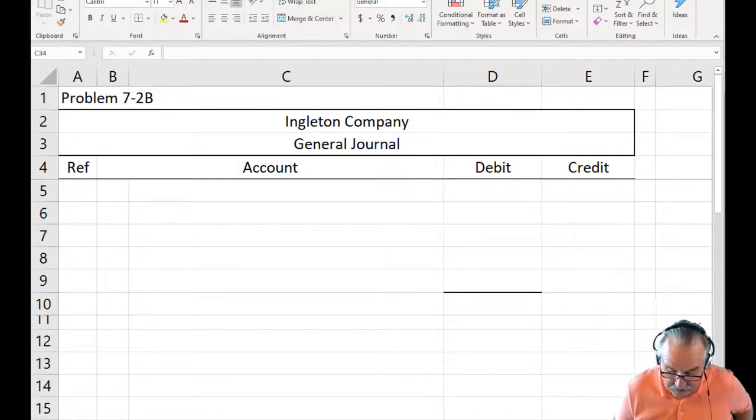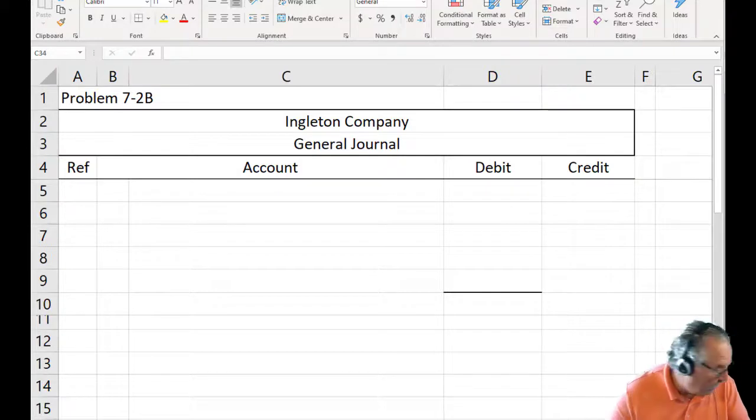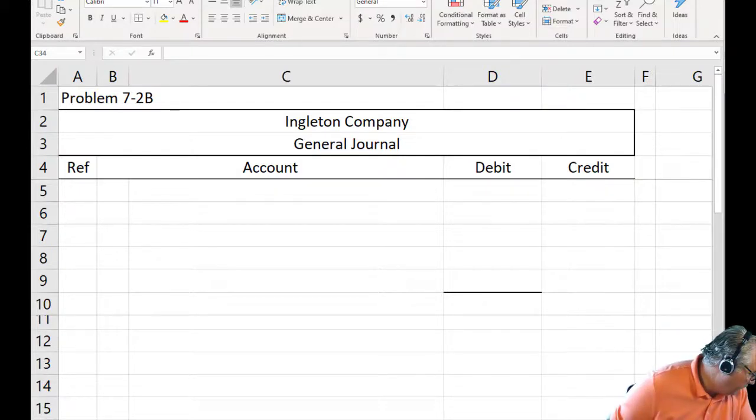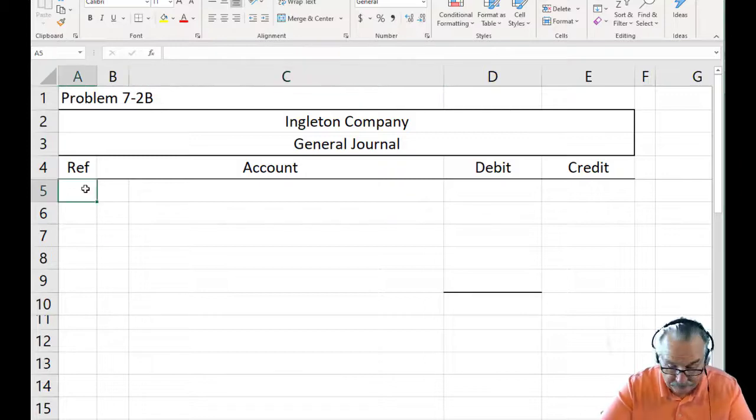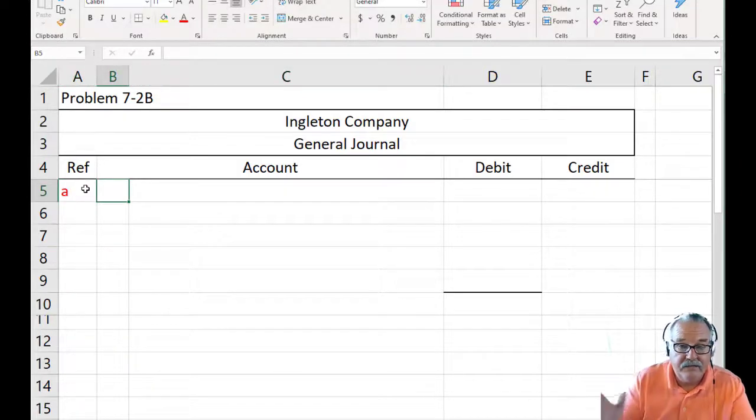So the first way is to base it on a percentage of sales. Percentage of sales, in this case for the one, is 2.5%. So what we're going to do, and we'll label this A, and I didn't give you a work paper.